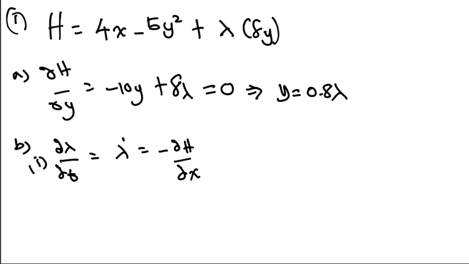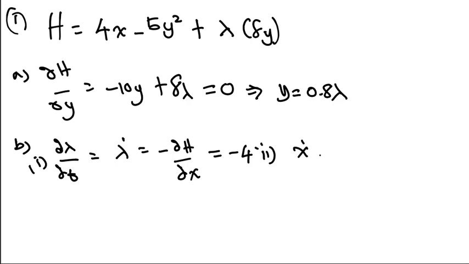So when we try to find it, you can see the answer is minus 4. Delta H over delta X is 4, and because we have negative, you put negative, it becomes minus 4. The second one, for necessary condition number 2, is what? You need to find the growth rate of the state variable, x dot.